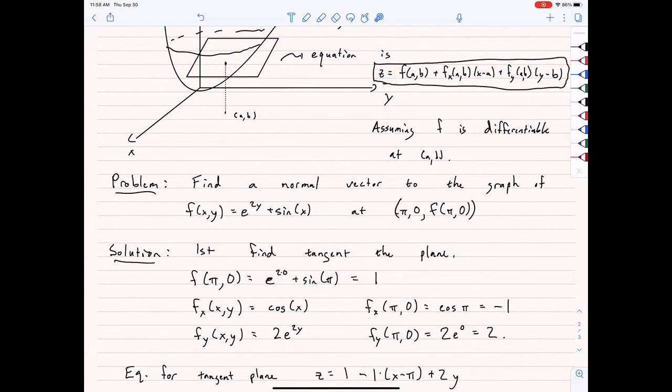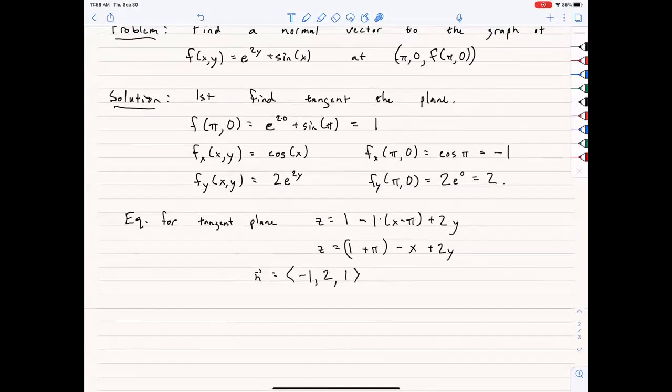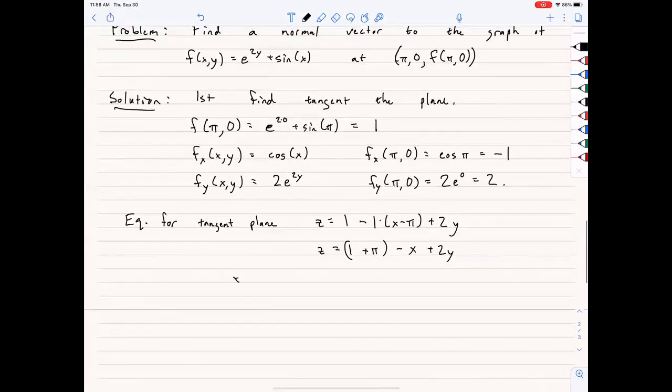However, it is not our standard form of a plane. The standard form of the plane is that we'll put all of the variables on one side and the number on the other. And so let's take x and 2y and bring it to the other side. So we'll say x minus 2y plus z equals 1 plus pi.